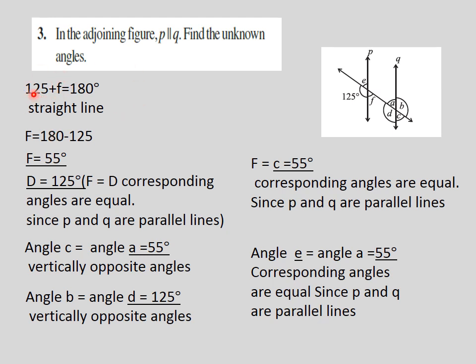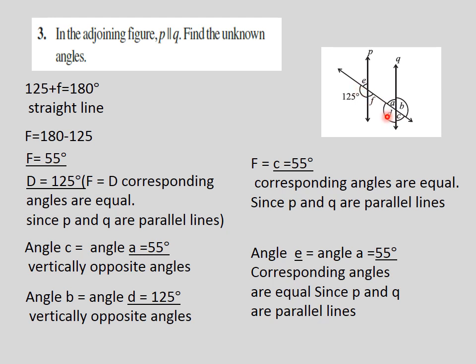So plus 125, if it goes to the other side, it becomes minus 125. So 10 minus 5 is 5, 7 minus 2 is 5. So f value is equal to 55 degrees. Okay.